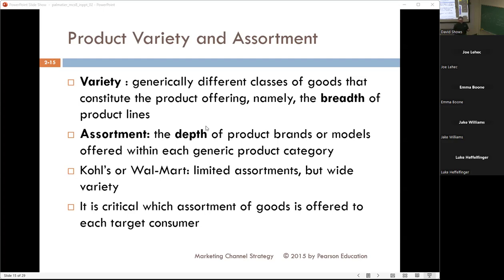I didn't go right after, but after going to Harris Teeter, I went there and just browsed and looked at the category of mustards at Harris Teeter, and I counted 78. These are examples of how we can use the service outputs of variety and assortment to basically identify what our corporation is.